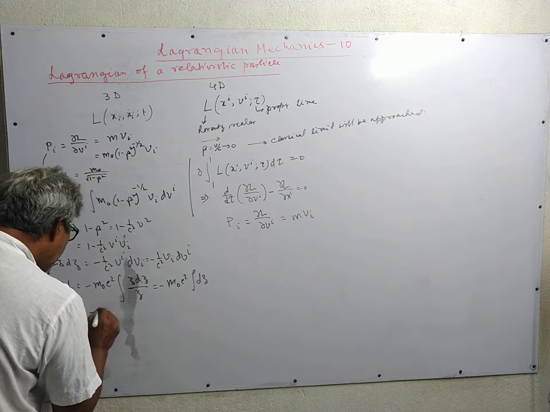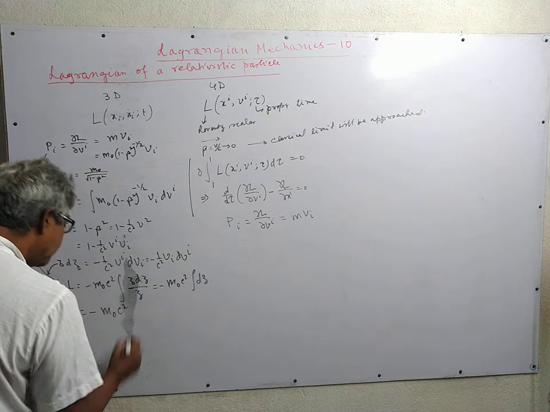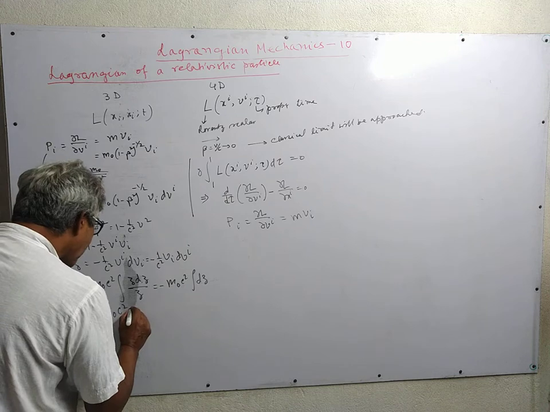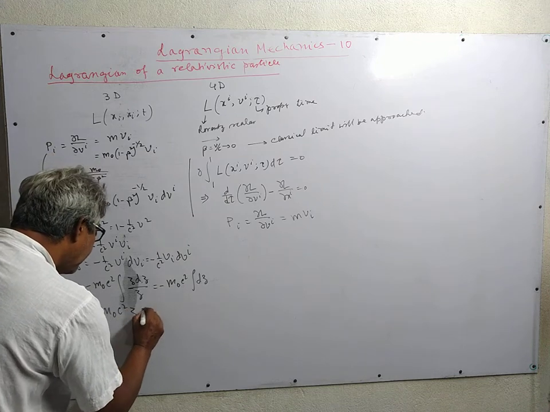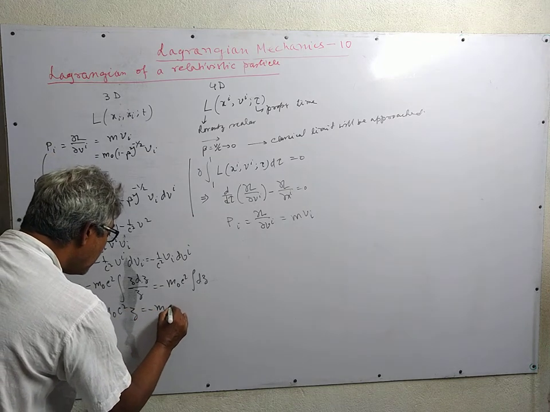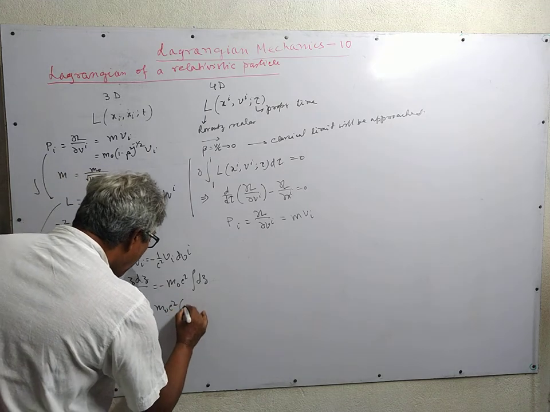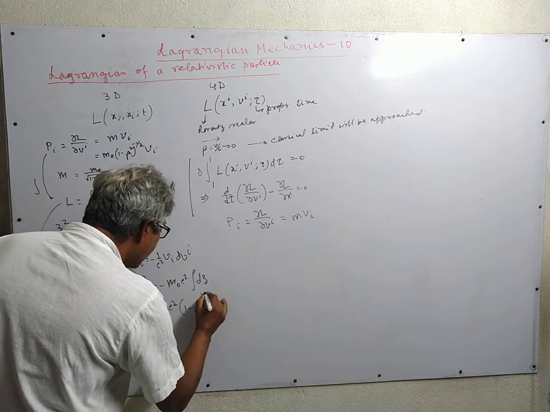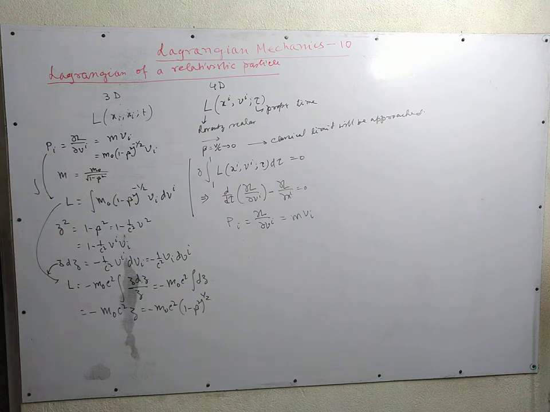So this is equal to −m0 c² z, and for z we write (1 − β²)^(1/2). So this is the Lagrangian for a relativistic particle.